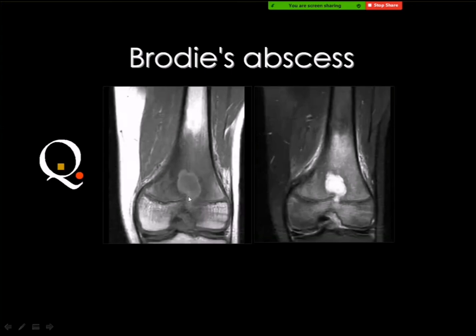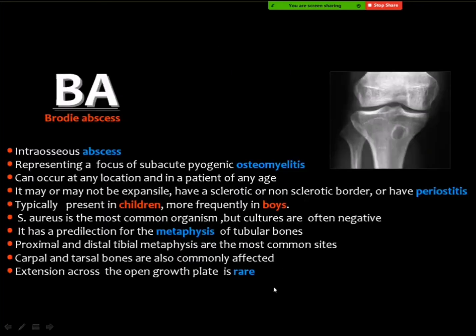This line, which connects the abscess to the physis or may cross the physis, is one of the supportive signs that this is Brodie's abscess.